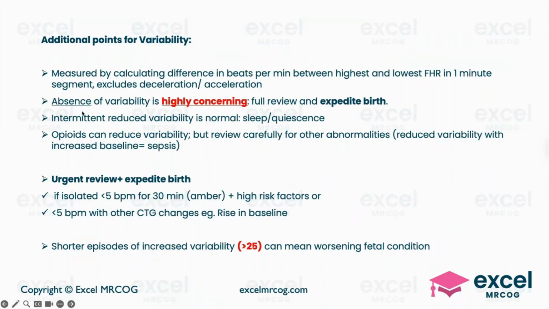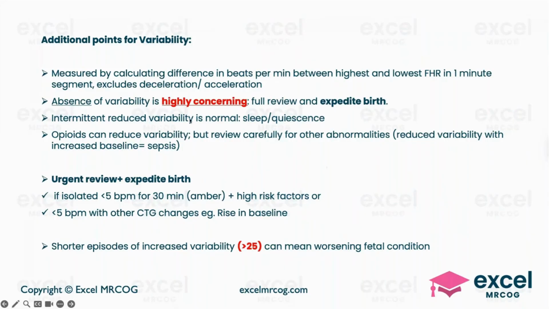Absence of variability, not reduction. Say it's a smooth trace, just coming and going with the contractions. Some of the decelerations are coming and going with the contractions, but there is no up and down happening on the CTG trace at all. So absence of variability is extremely bad.